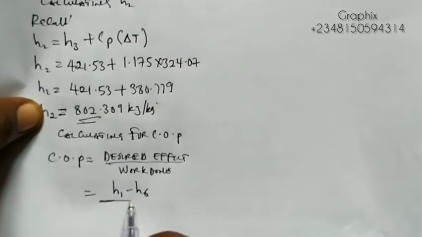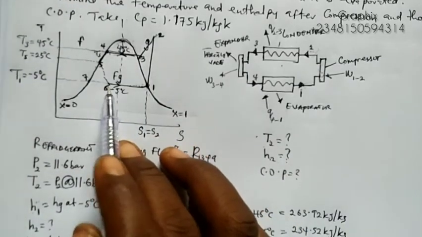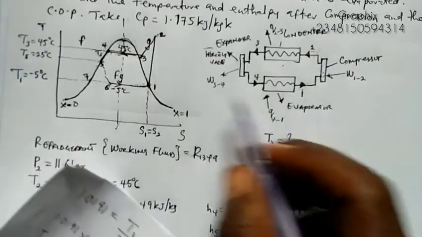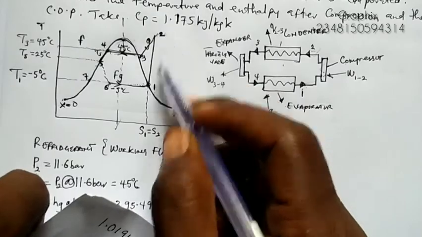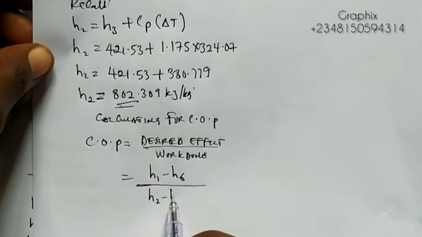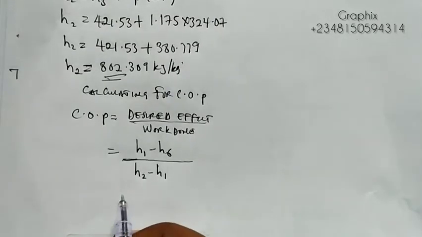H1 minus H6 divided by the work done. The work here is the compressor work, H2 minus H1. So we're having H2 minus H1.